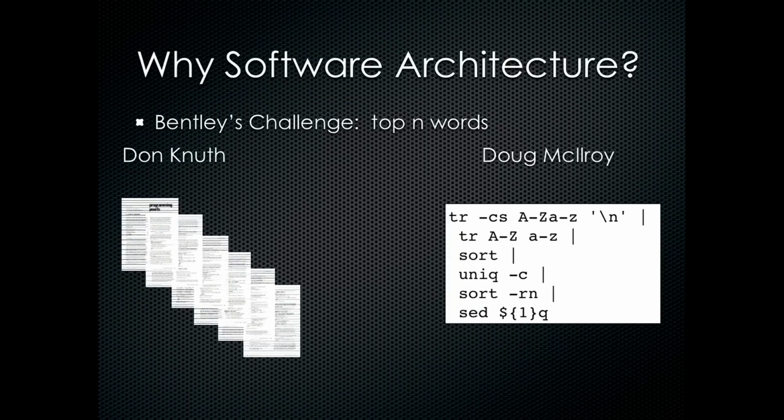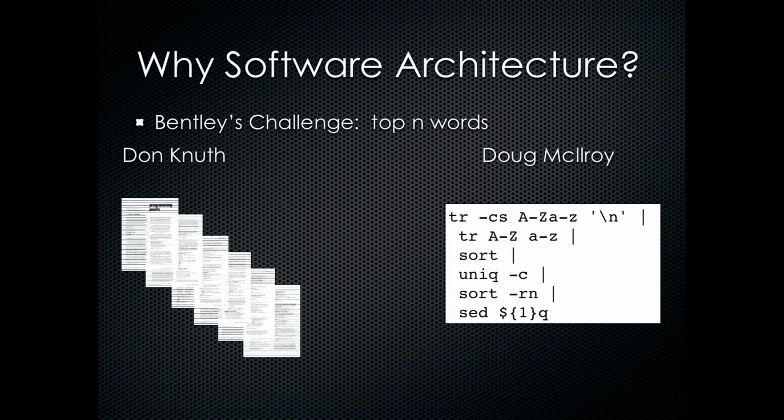And the third motivation, I think this was 1986. There was a challenge by a guy called Bentley, who did the Programming Pearls column in the ACM. He said, I want to see a program that, for a given text, returns the top n words, right? A word count. And so the Obi-Wan of computing, Don Knuth, came back with his literate programming, Pascal with WEB, and it's really cool.